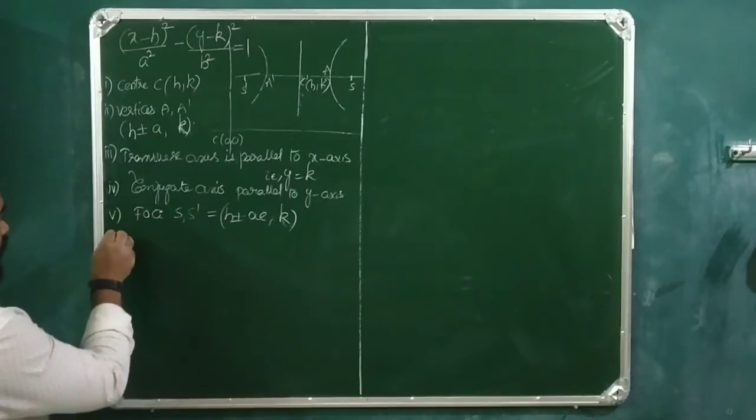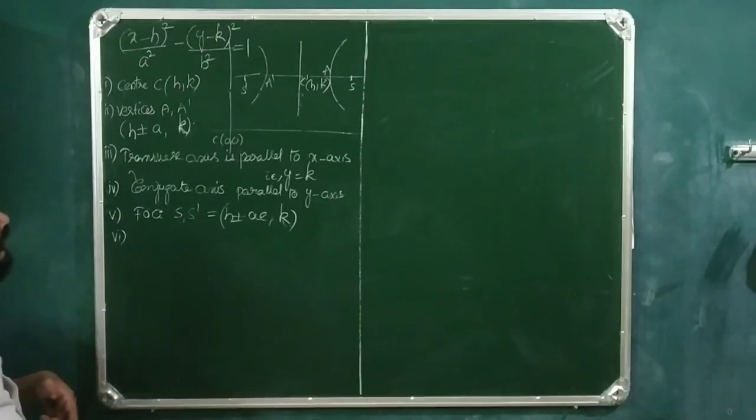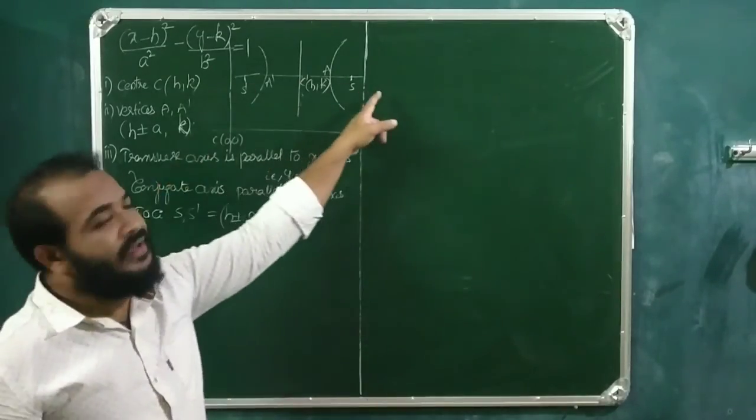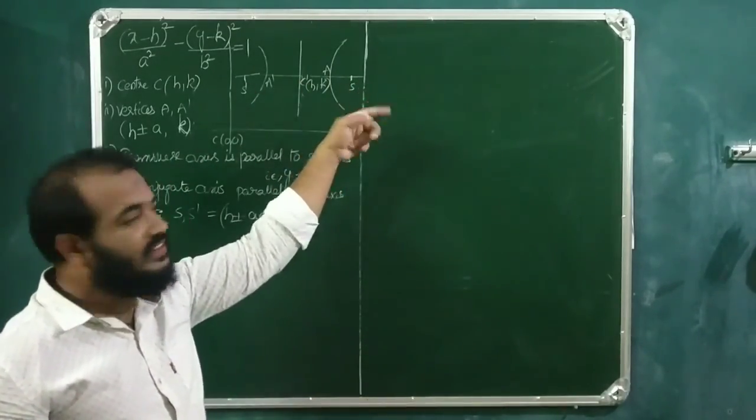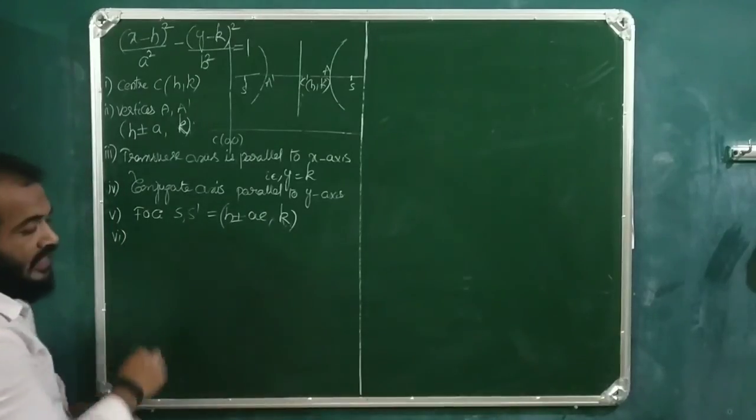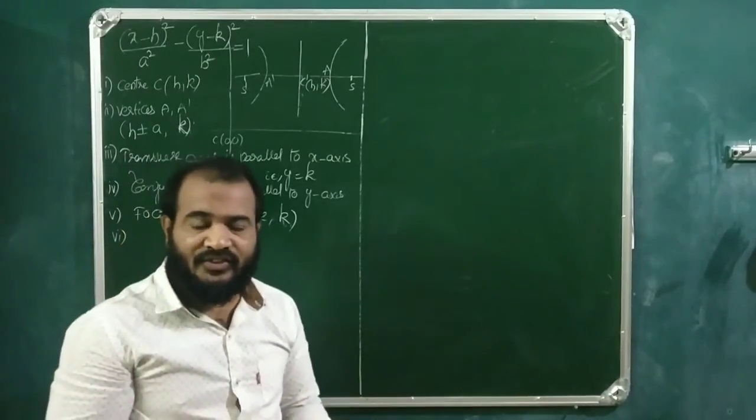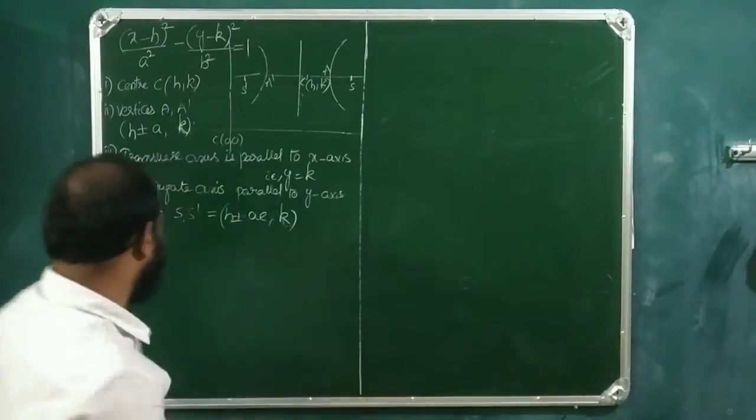Now the length of the transverse axis is 2a and the length of the conjugate axis is 2b. They are not going to be changed.